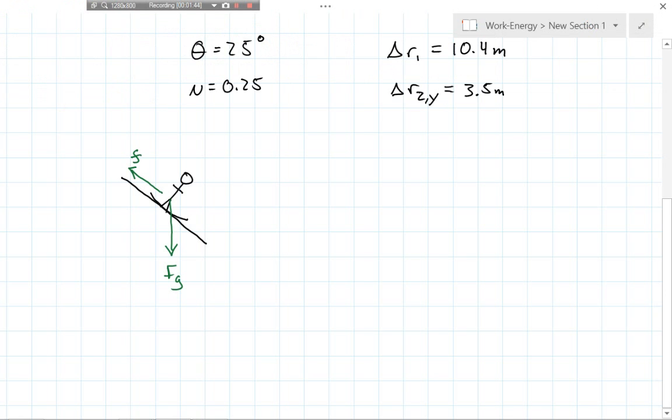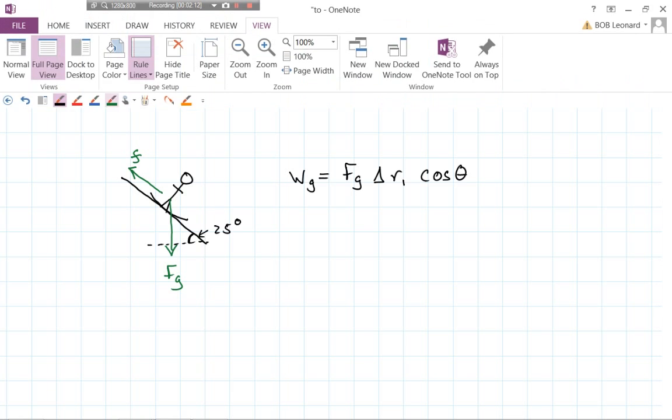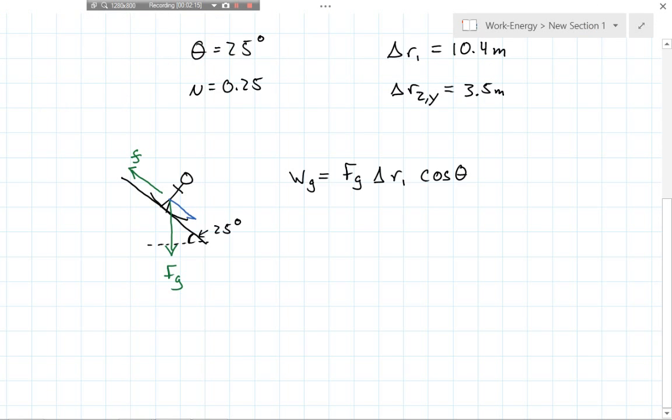Now the work that's done by gravity. One way we could calculate this is the force due to gravity times her displacement going down the ramp, times cosine of the angle between these two things. We're told she's going down a 25-degree ramp, so this angle right here is 25 degrees. Her displacement looks like this, going down the ramp, so this is delta R. The angle between the force due to gravity and delta R is this angle up here in the triangle.